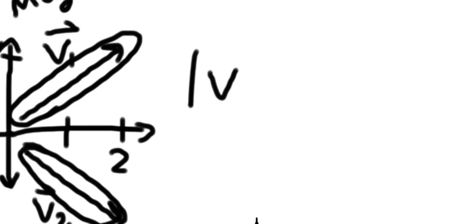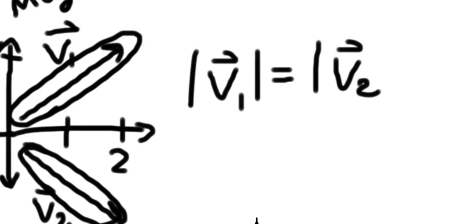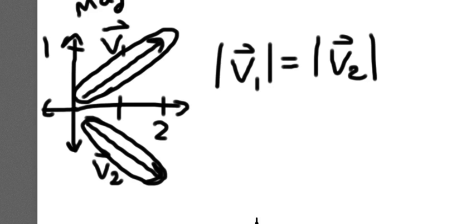Now it's possible that the length of this line could be the same length as this line. So we could have the magnitude of v1 equals the magnitude of v2. But the direction is different.